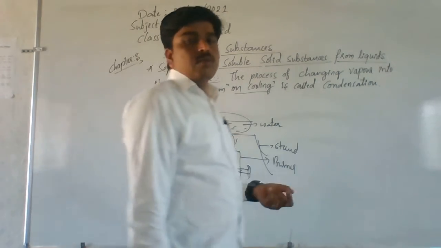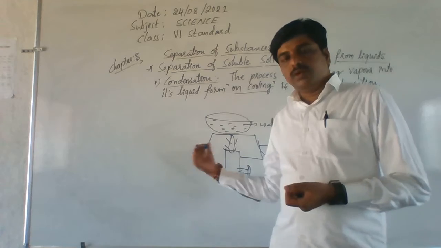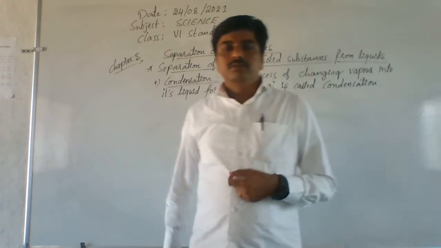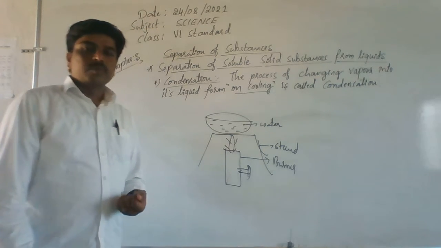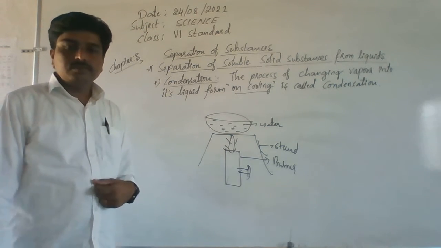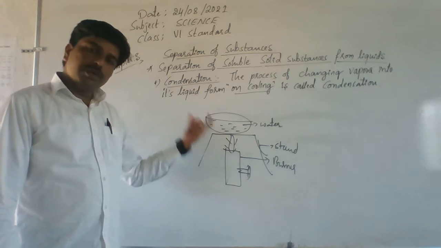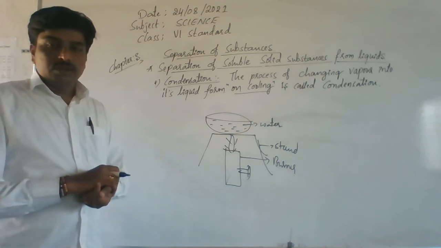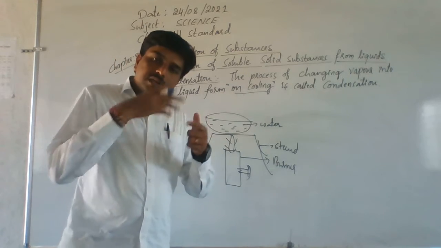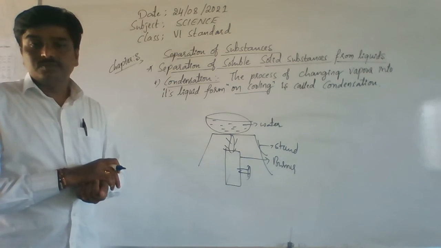Take a bowl, fill it with water and put it on a stand with the Bunsen burner below. Start to heat the water until it turns into vapor.